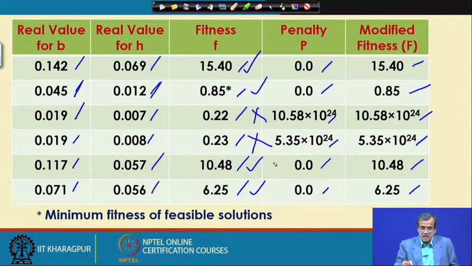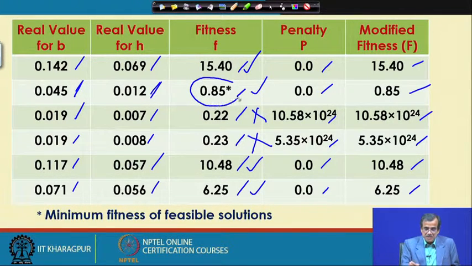So, there are 4 feasible solutions, and if I compare the fitness values or the modified fitness values, it is better to compare the modified fitness values. I can find out that this 0.85 is the minimum fitness of all the feasible solutions. So, the minimum fitness of the feasible solution is nothing but 0.85.